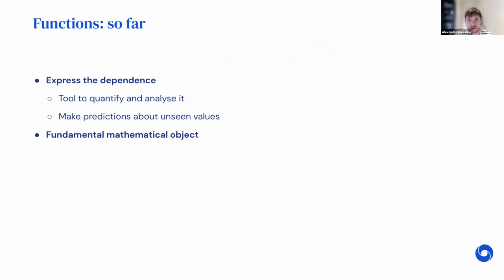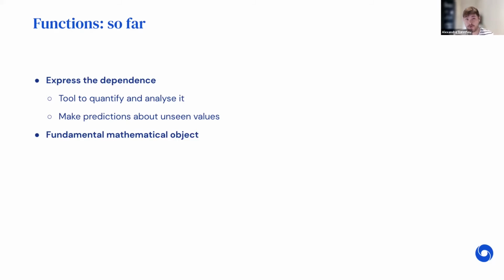Just to summarize, functions are objects which can express a dependence between different sets of semantically different things, such as house size and house price. Moreover, they can be used to make predictions about unseen data. In case of regression, or in mathematics generally, you can approximate functions with other functions and get the values for the x you care about.